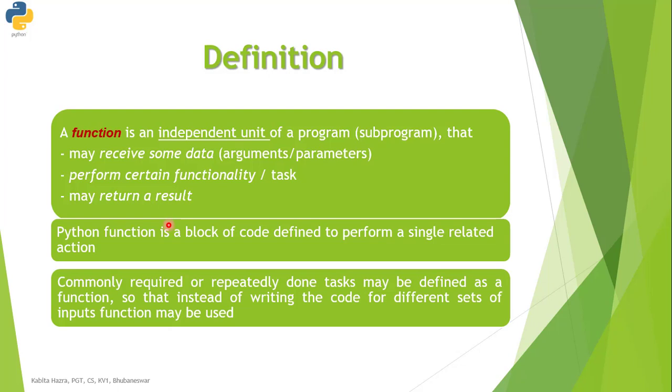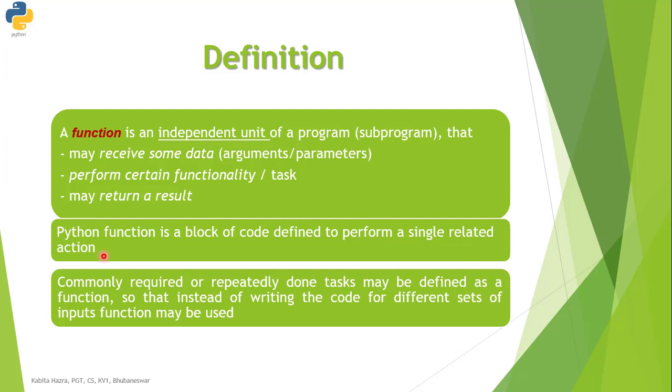Let us now come to the definition of a function. That means we should know what a function is. So we can say a function is an independent unit of a program, or it is a subprogram or a subroutine which is basically used for performing some single related action or task.